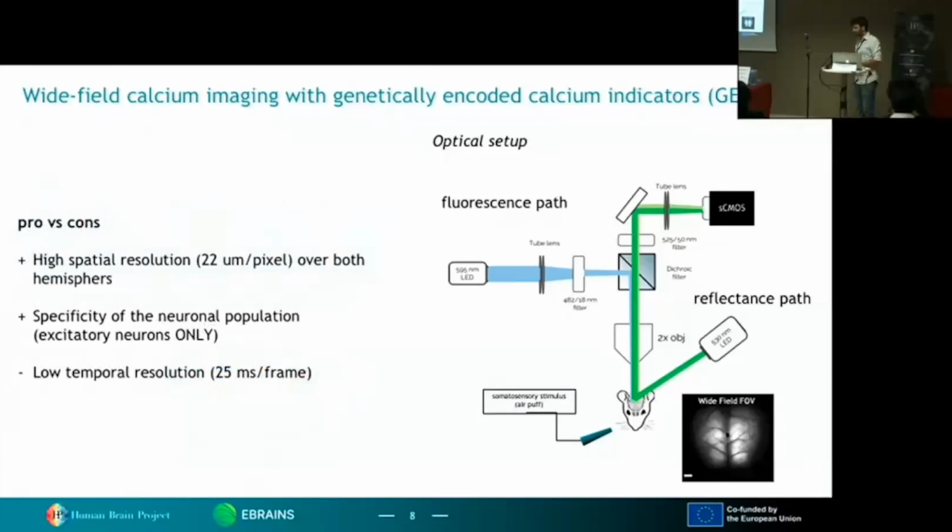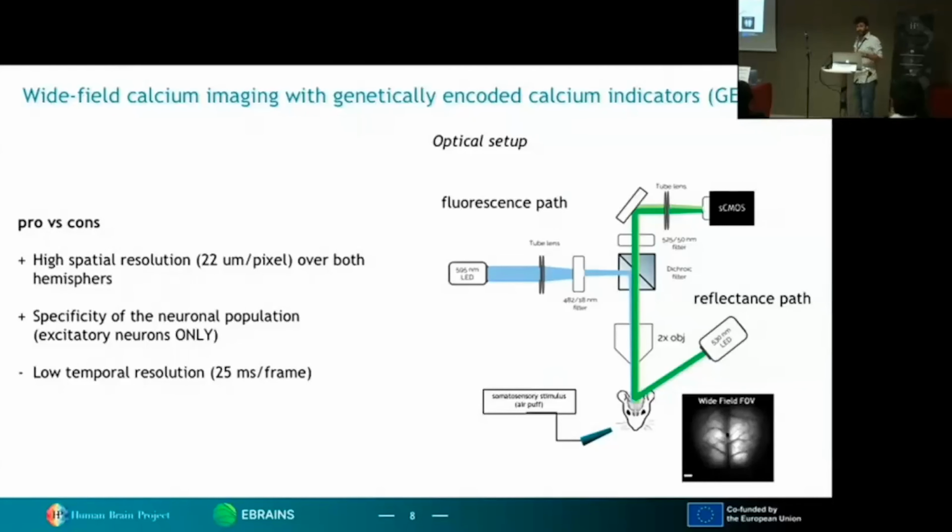This technical combination has positive aspects like the high spatial resolution and the specificity of the neuronal population studied, that in this case is only excitatory neurons. While the disadvantage here is that the imaging camera needs time to integrate emitted photons, which leads to a relatively slower temporal resolution.